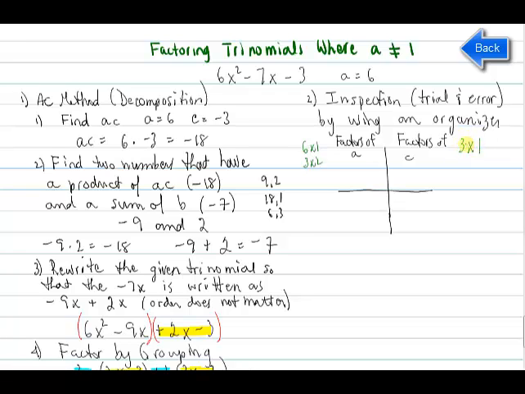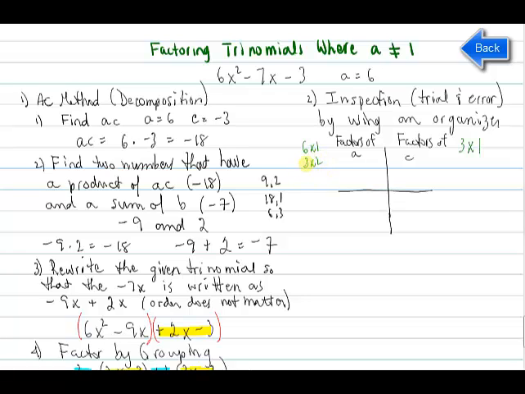Okay, but you can use some reasoning to decide which pair of factors you're going to use for the 6. Usually, if this middle number is smaller or comparatively the same, not exactly the same, but close in value to your A and your C, then usually it's a good idea to choose the two factors that are closest together in value.